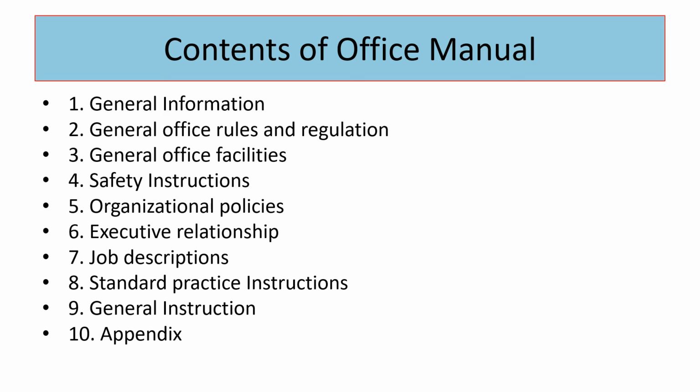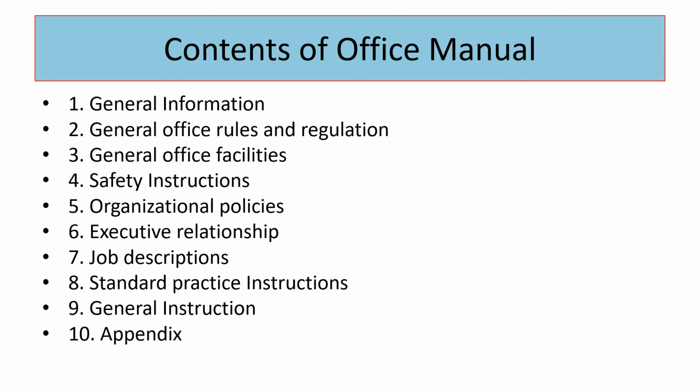The next point is job descriptions: the basic function of each job in terms of the authority and responsibility attached to it, so that employees may know what is expected of them.